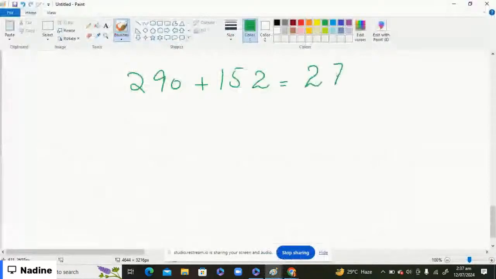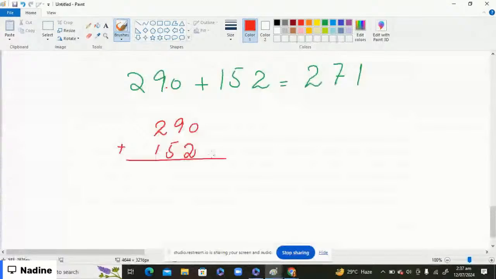271. What we do firstly, first of all, you are going to add these two numbers. So let's add up 290 with 152. What's the answer? It's 2. 9 plus 5 is 14. 1 plus 2 plus 1 is 4. 442. When you add these two numbers, you get the answer 442.